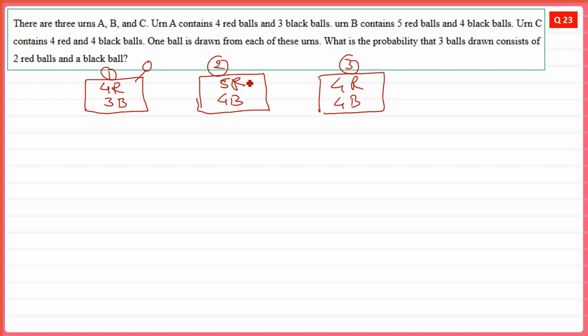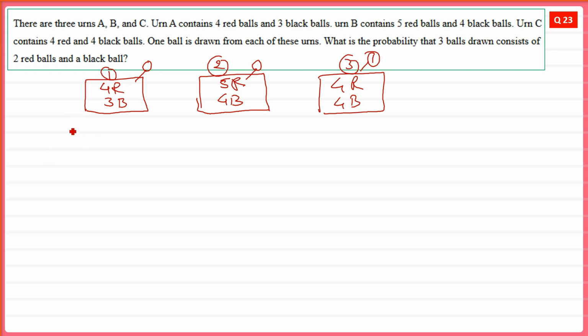So 1 ball from here, 1 ball from this one, and 1 ball from the third one. I've already indicated first, second, third as 1, 2, 3, so we are going to use this subscript. This means we need to get 2 red balls and 1 black ball. How do we write this? There are certain combinations which will eventually fulfill this requirement.